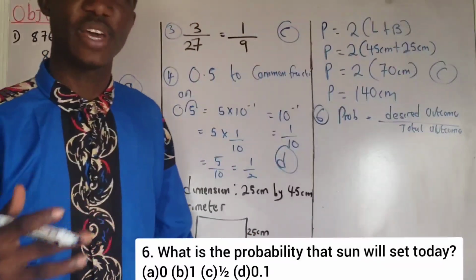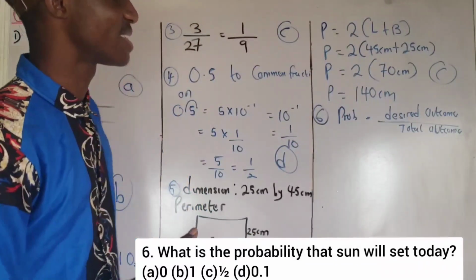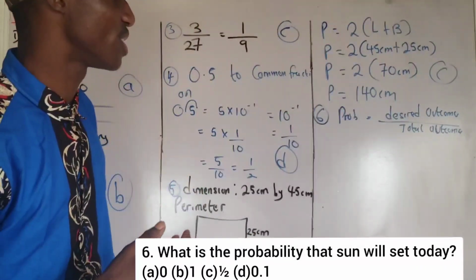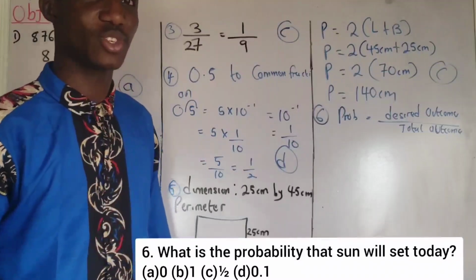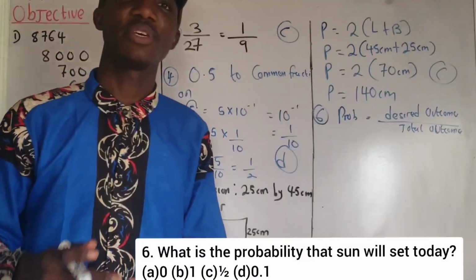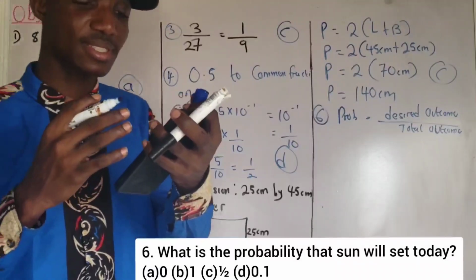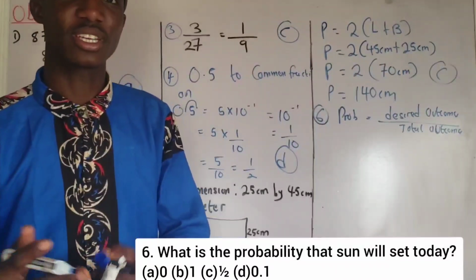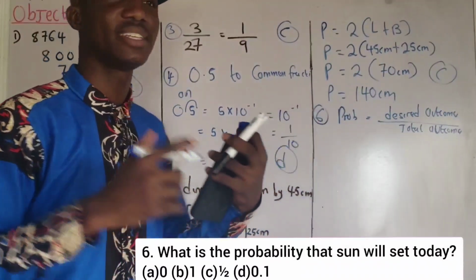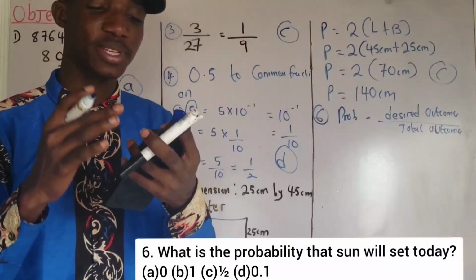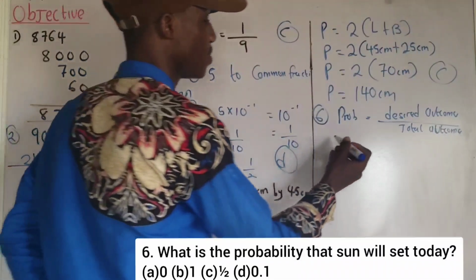And you can call it event. The probability that the event will happen all over the total numbers of events. The sun can set, or the sun may not set. That is 2. And the desired outcome is that we are asked to find the probability that the sun will set.